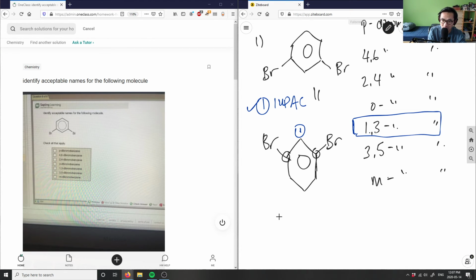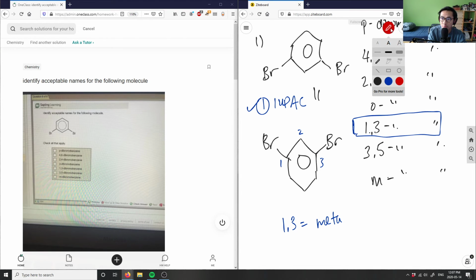So let me redraw this. If I'm using the same IUPAC naming, my carbon 1 is here, this is 2, and this is 3, right? In this case, if it's a 1, 3 positioning here, this is going to equal meta.